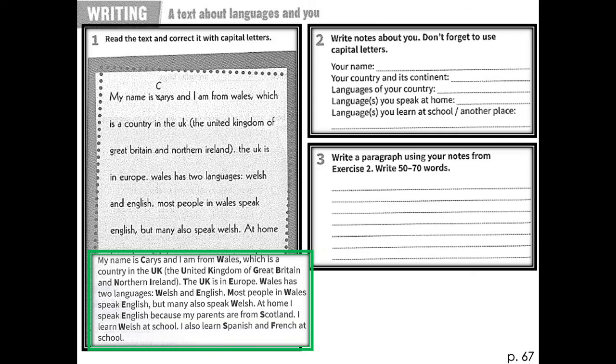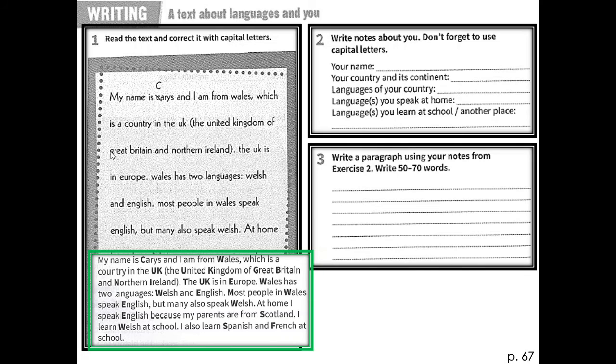And which is the country in the UK. So UK stands for the United Kingdom, right? So UK has to be both capital letters. And then the full name of the United Kingdom is given here, United Kingdom of Great Britain and Northern Ireland. So all this one here has to be in capital letters.